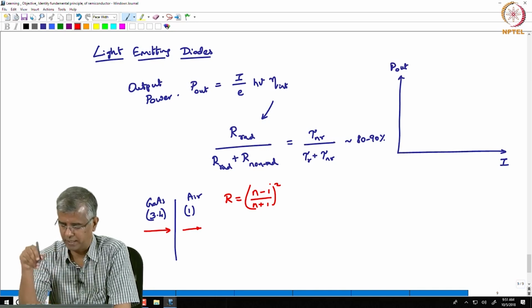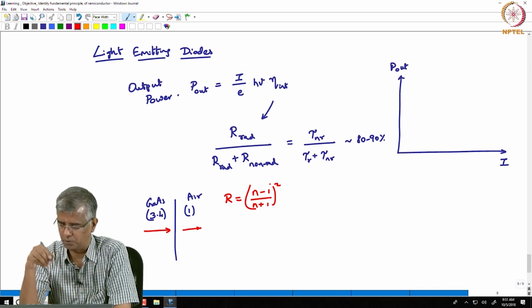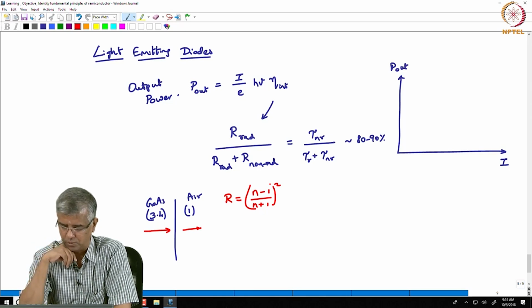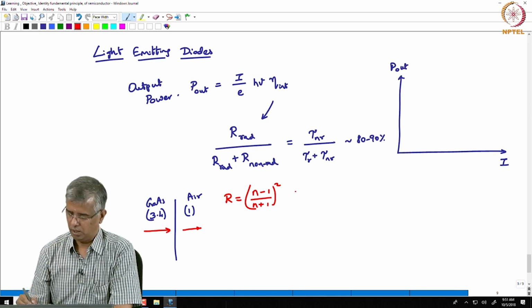Like I said, if you put n equal to 3.4 and compute this, it will probably come out to be about 30%.